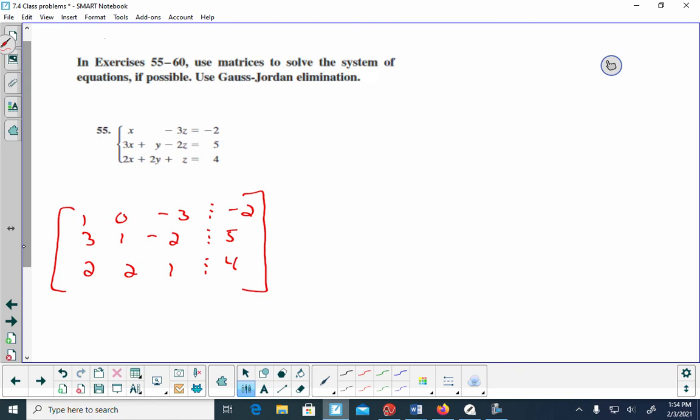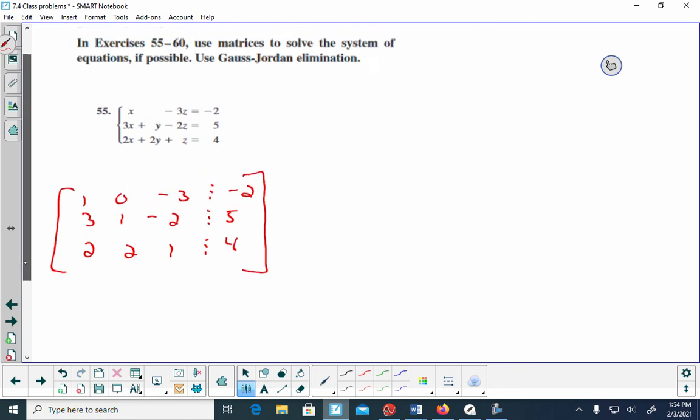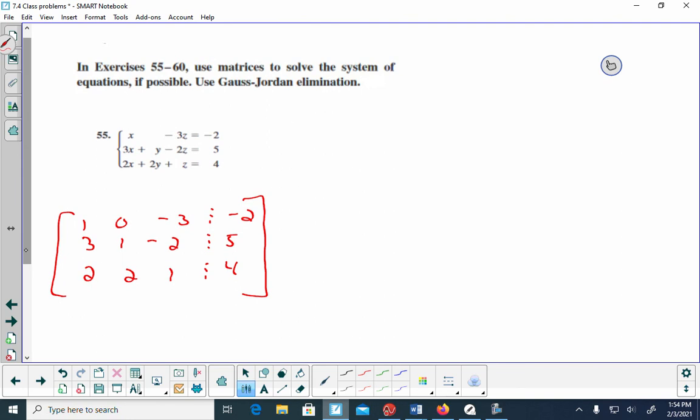For the system of equations that they gave me, following that pattern, I'm going to do R1, R2 to eliminate my x. So R1, it looks like I'm going to have to multiply by a negative 3. So this will be negative 3, 0, positive 9, positive 6.